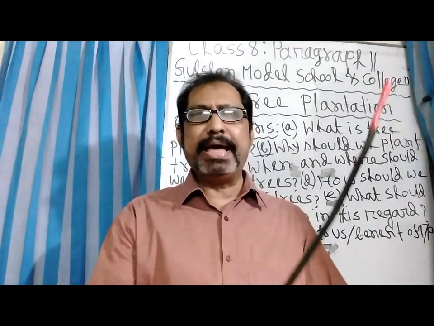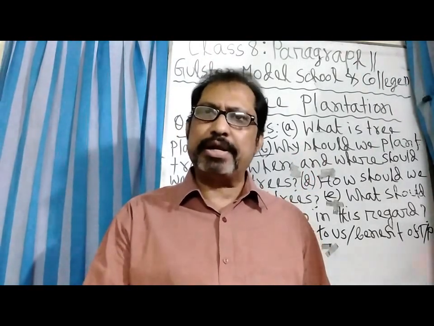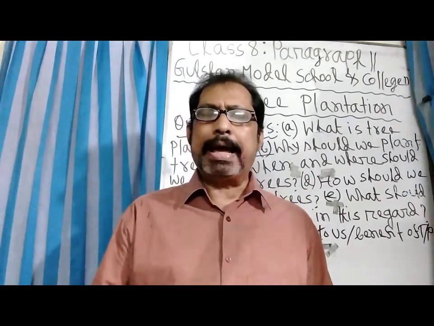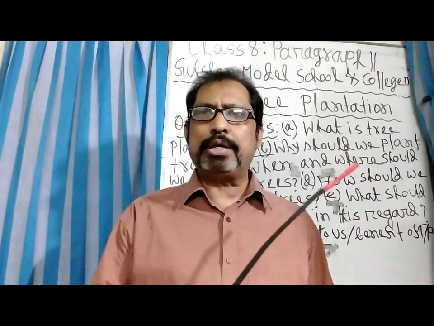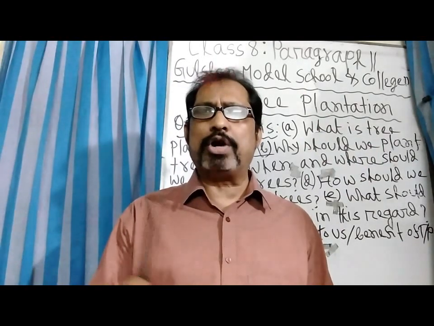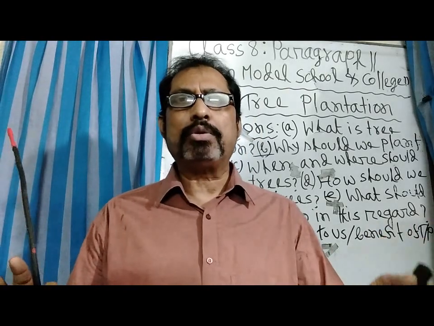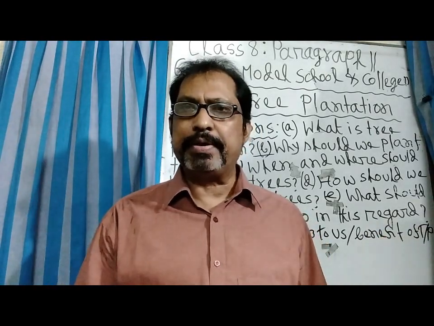For bringing rainfall, trees are needed. Without rainfall, we cannot survive. And the river water, ocean water, and every drop of water will not run on their natural way. So trees are needed.